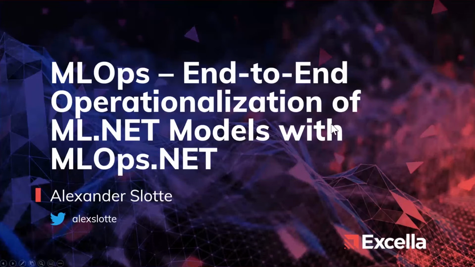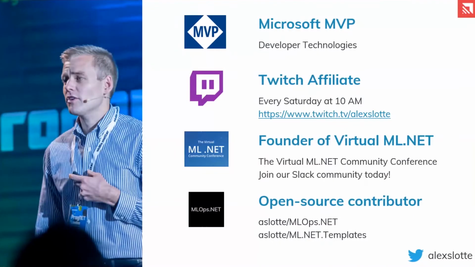So to kick things off here, quickly about myself. My name is Alexander Slotte. I am based out of Washington, D.C., so not very far away from where you all are at right now. I'm a Microsoft MVP in developer technologies, and on my day job, I spend all my day developing web apps in .NET Core, and I actually gave a talk yesterday on my migration from .NET Framework to .NET Core during last year.